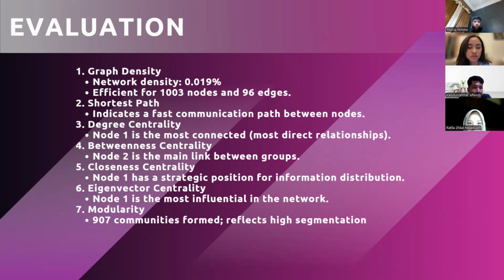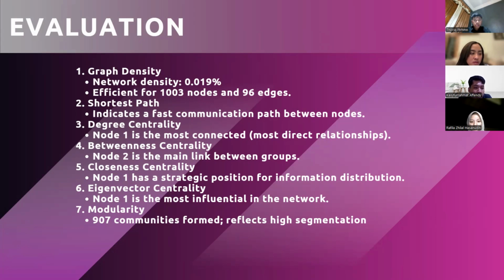Number 1, graph density. Network density is 0.019%, efficient for 1003 nodes and 96 edges. Number 2, shortest path indicates a fast communication path between nodes. Number 3, degree centrality.